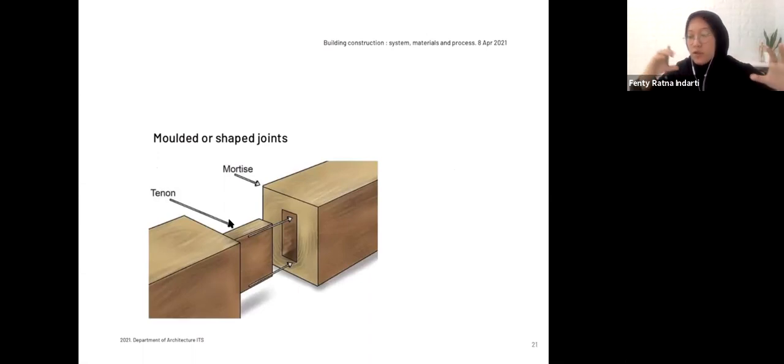It's like a puzzle, so you can just insert it. Sometimes you add more strength by bolting it, or by adding another plate when it is connected, so that it doesn't move around. But actually, using this alone is sufficient, depending on the load imposed on the building.